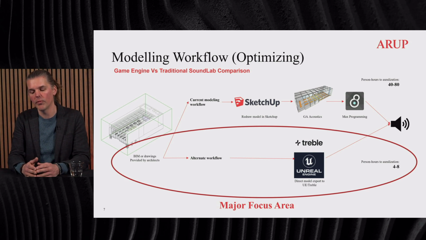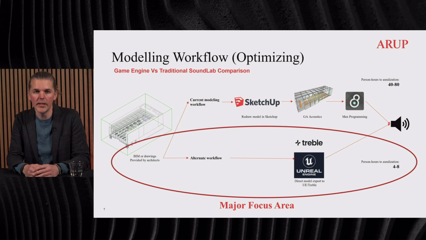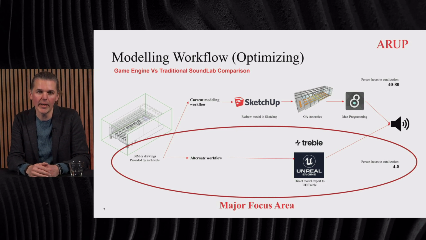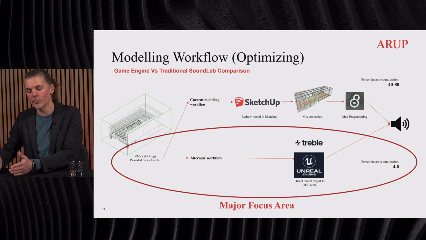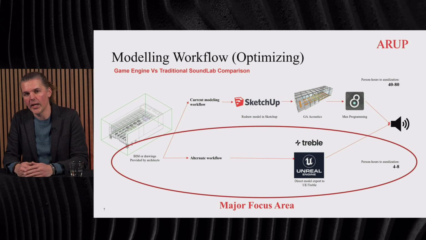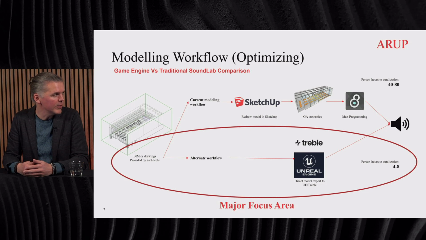So one thing that we've focused on over the past couple of years is trying to gain efficiency in our traditional process, which was taking a sophisticated BIM model or 3D architectural model and modifying that 3D geometry to get into a traditional geometric acoustics software package, then taking the output of that and putting it in something like Max MSP to get the multi-channel output into the Sound Lab. One of the things that we love about the Treble software package is that it adds a lot of efficiency into that process. So I'm going to hand it over to Aaron now to talk about a few project examples that describe that.